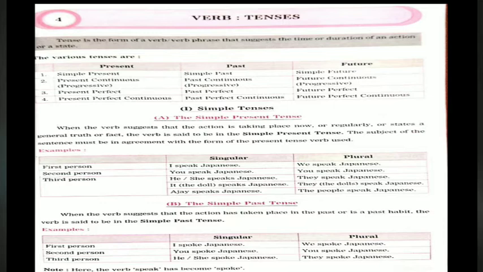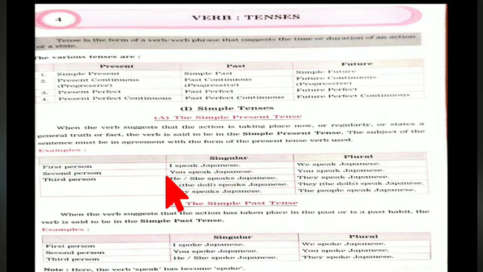The subject of the sentence must be in agreement with the form of the present tense of the verb used. So here, how we will frame or how we will understand the simple present tense. First of all, the form is subject plus verb in the present and then followed by the rest of the sentence. Subject, verb in the present and the rest of the sentence.